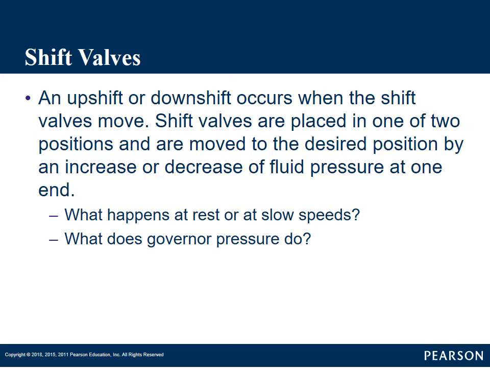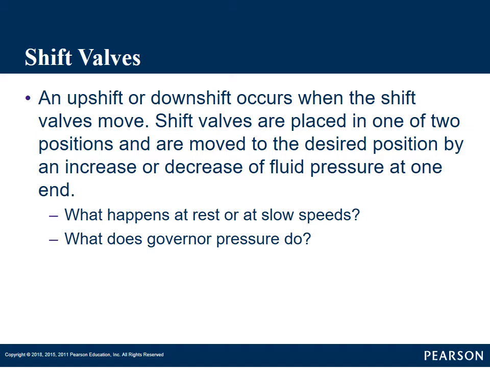Okay, when you're at rest or at slow speeds, that spring pressure moves the valve to its rest position. Okay, and then when you speed up, the governor pressure acts on one side of the valve, while throttle pressure or load pressure from the modulator, whichever one you're dealing with, but either way, that's the load of the engine, is acting on the other side of the valve.